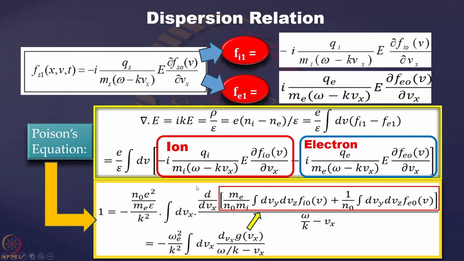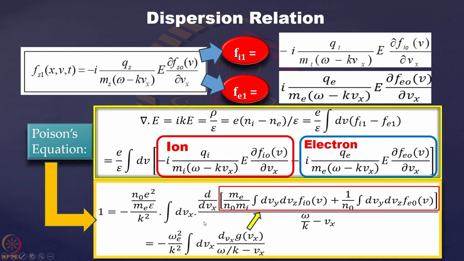Now one thing you understand: we have a derivative with respect to dv_x, and we are integrating with respect to dv_x dv_y dv_z. Because dv_x is there and you are integrating over dv_x, this dv_x term will go out, because we are considering a perturbation in the x direction only. So the dv_x will go out, and then you will get everything in terms of dv_y and dv_z.